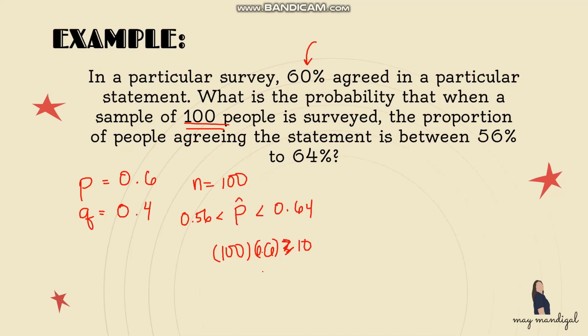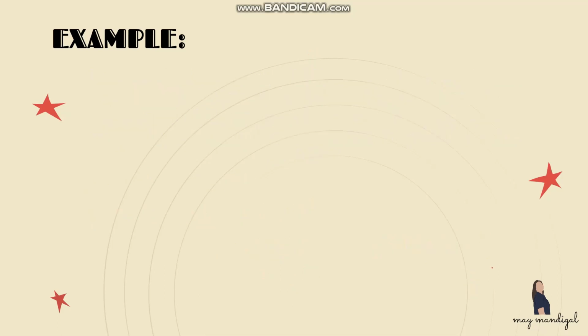So this one is 60. It's greater than or equal to 10, correct? And then 100 times 0.4, is it greater than or equal to 10? So this one is 40, which is still greater than or equal to 10. So this is assumed to be normally distributed.